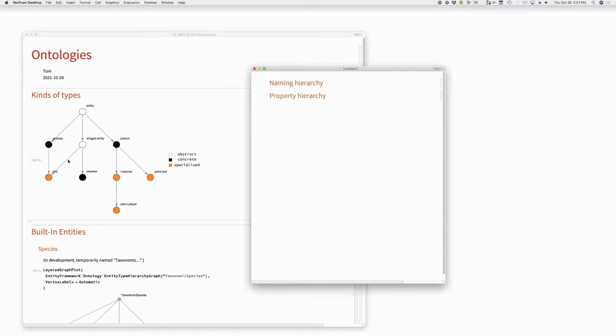Whereas the property hierarchy, well, what happens if there are two things up here? It's winged and it's feathered. So there could be properties associated with its wingedness and properties associated with its featheredness that are both mixed into that particular kind of entity. Am I making sense?